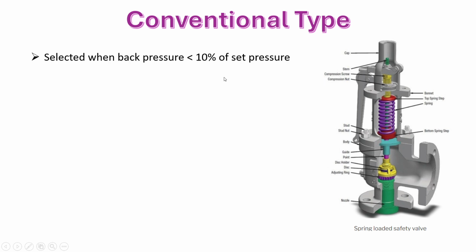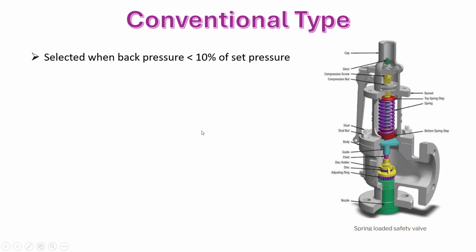One of the basic criteria to select the conventional type safety valve is that it is selected when the back pressure is less than 10% of the set pressure. What is meant by back pressure? Back pressure is the pressure acting against the safety valve during its pop-up.